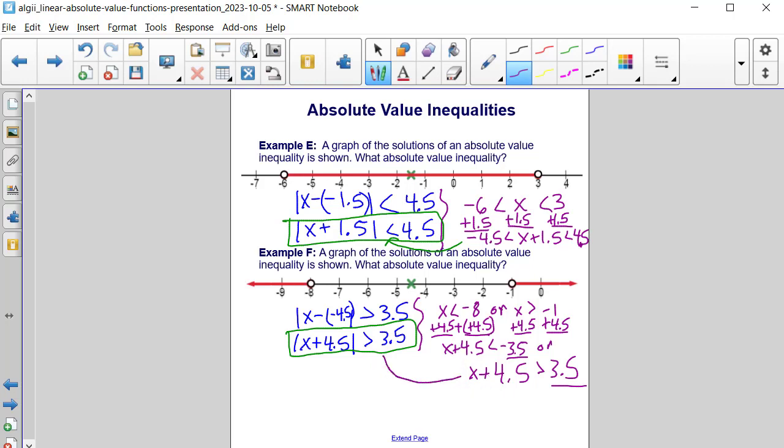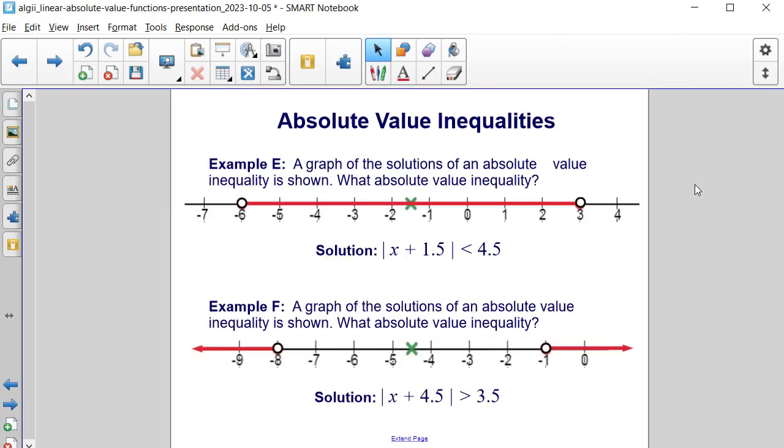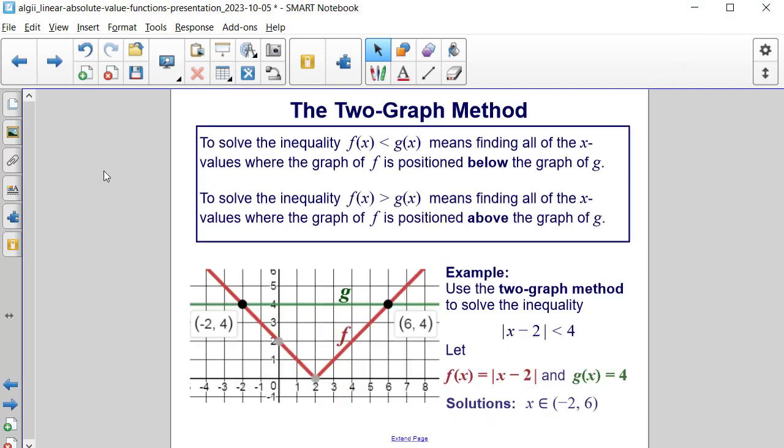So that is why we can write it as the absolute value of the quantity x plus 4.5 is greater than 3.5. And here are the solutions to each of these absolute value inequality graphs. It does model that the absolute value of the quantity x plus 1.5 is less than 4.5. And this one right here in example F models the absolute value of the quantity x plus 4.5 is greater than 3.5.